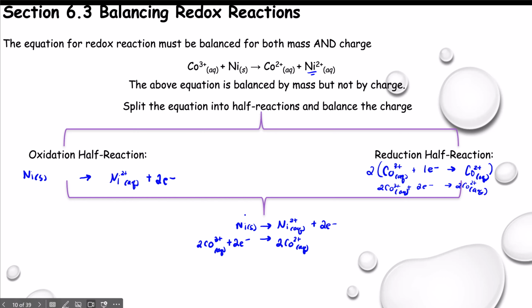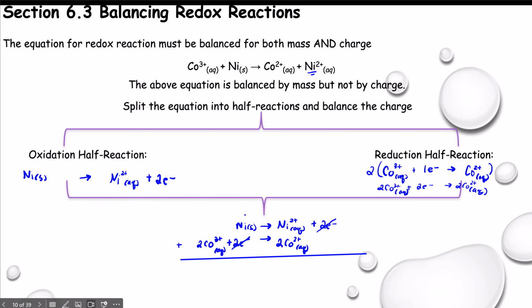All right, now I can add the 2 together. Before I add, you'll notice that there are electrons, one on the right and one on the left, and we can actually cancel those electrons out because the electrons are balanced.